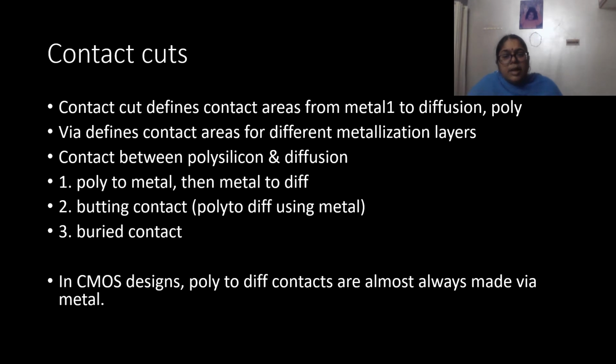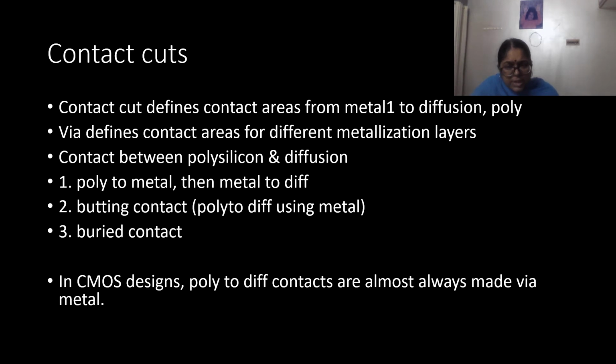Contact cuts. A contact cut defines the contact area from metal 1 to diffusion, similarly metal 1 to poly. They define the contact areas for different metallization layers such as metal 1 and metal 2 or metal 3, etc. Contact between polysilicon and diffusion can be made in different ways.